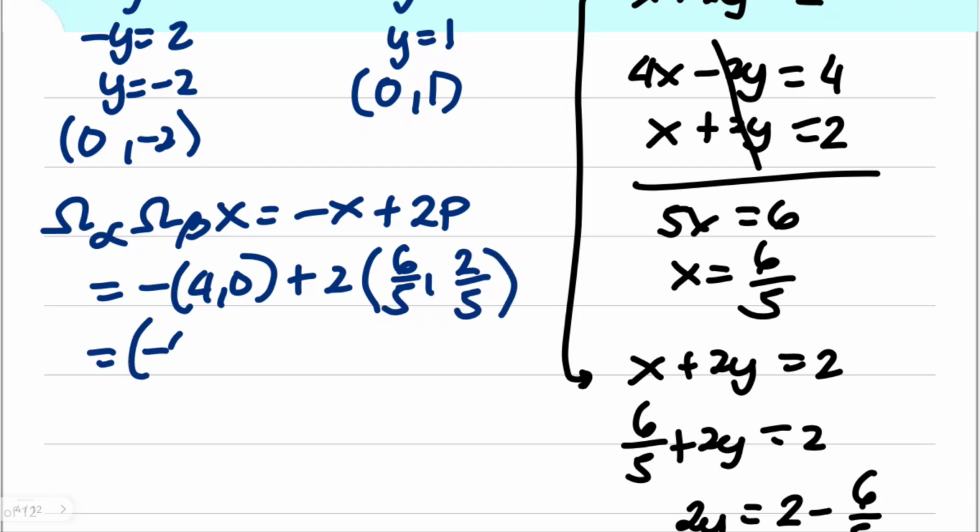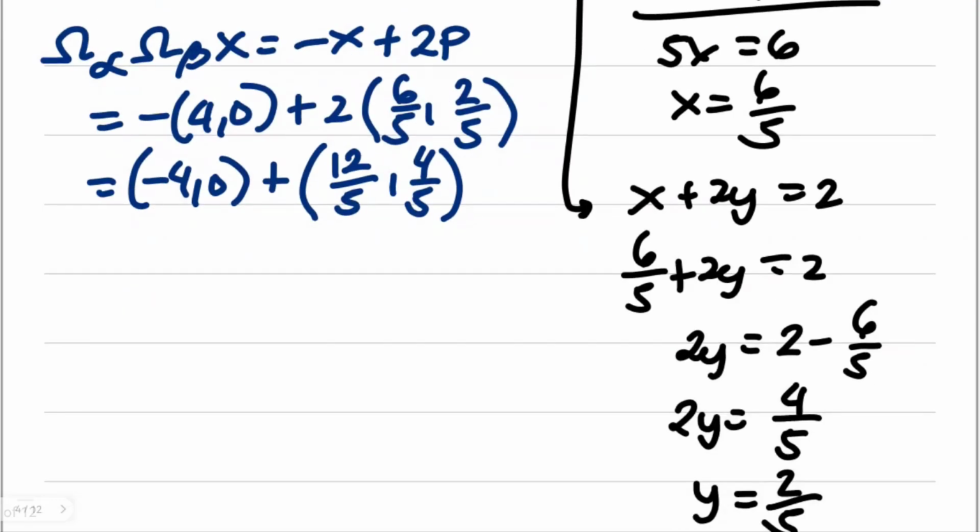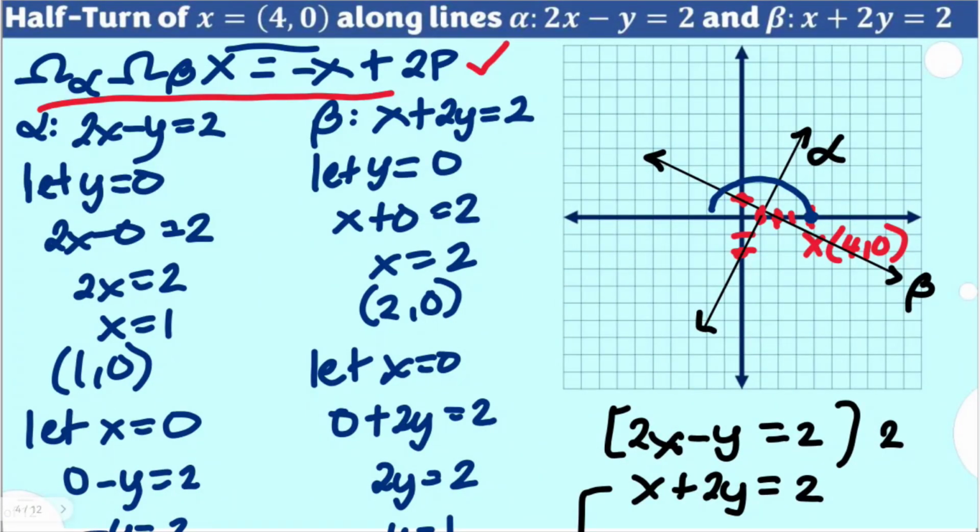So this is negative (4, 0) plus (12/5, 4/5). Combining them, negative 4 is negative 20/5, plus 12/5, so you have negative 8/5 and 4/5. This is equal to (-1.6, 0.8). So it should be somewhere here. This is the half turn.